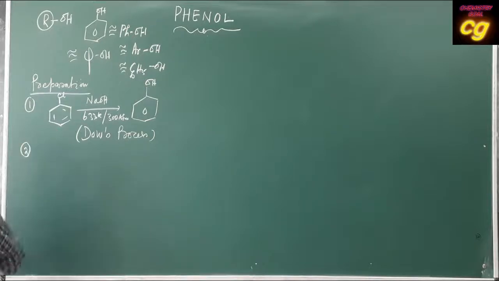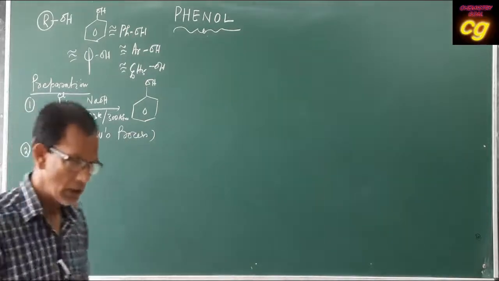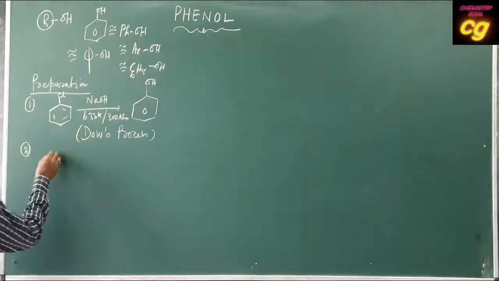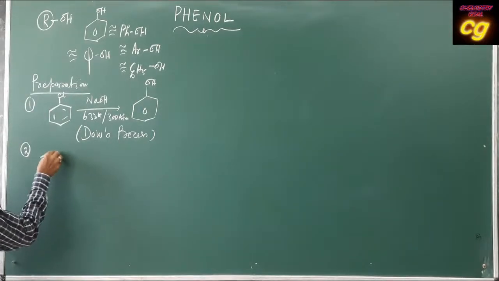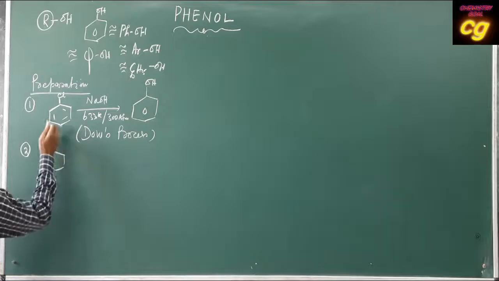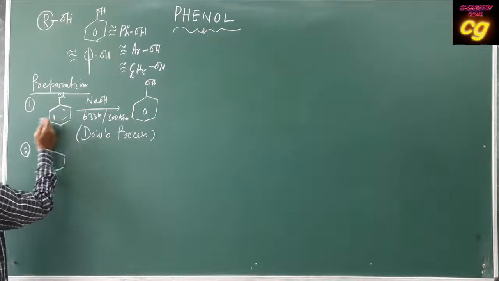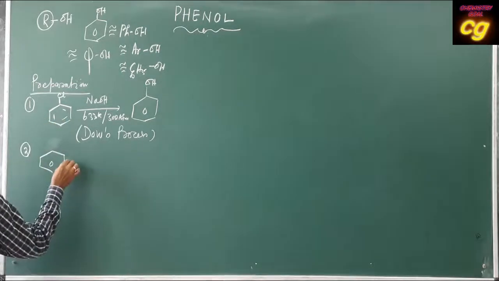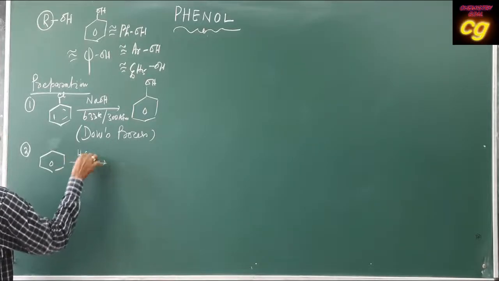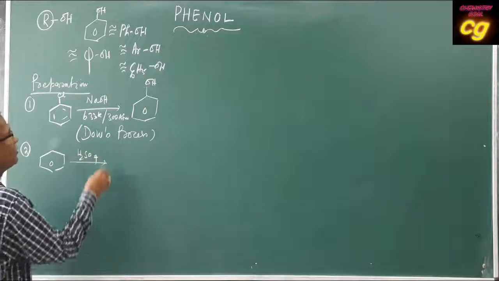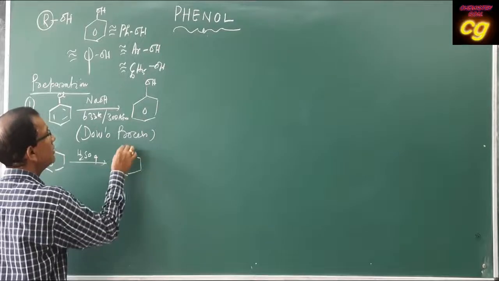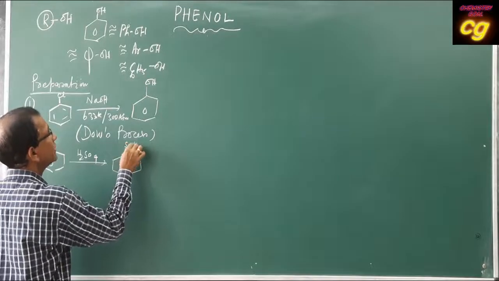Phenol can also be prepared from benzene. If you take benzene, when it reacts with concentrated sulfuric acid it undergoes a sulfonation reaction. Already you know aromatic electrophilic substitution produces SO3H.